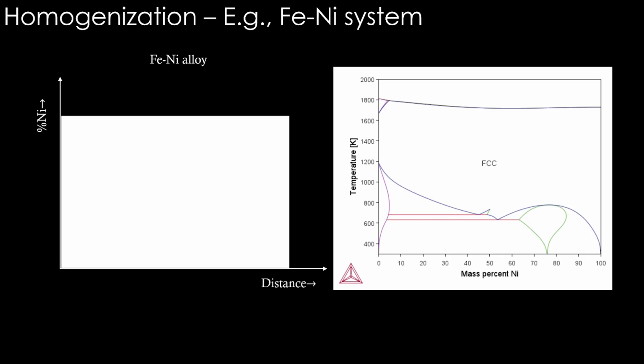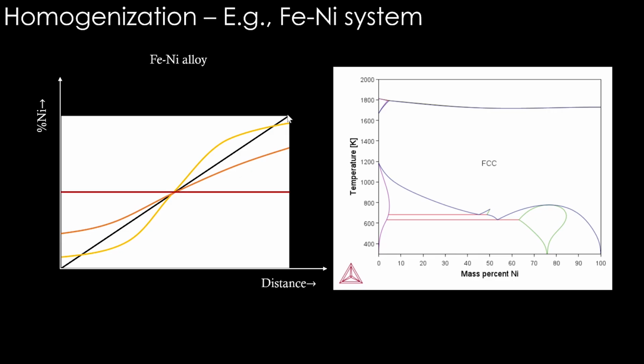So this is the material, and this is the concentration profile superimposed on that, and this is how the concentration gradient is: very low nickel to high nickel, and nickel content varies like this in a straight line manner. This is the initial concentration profile. Now, if it is heat treated at a certain temperature, the concentration profile changes like this with respect to time. The yellow one first, the orange one second, and eventually this red one, where uniform composition is achieved everywhere.